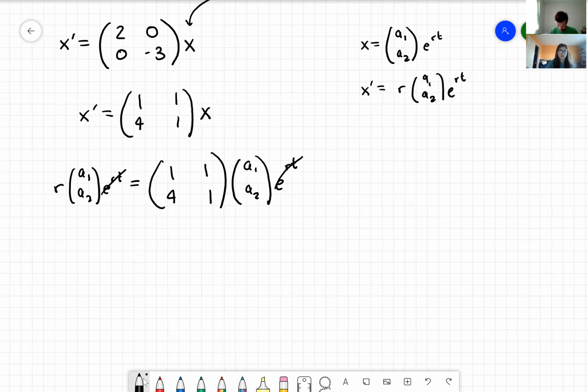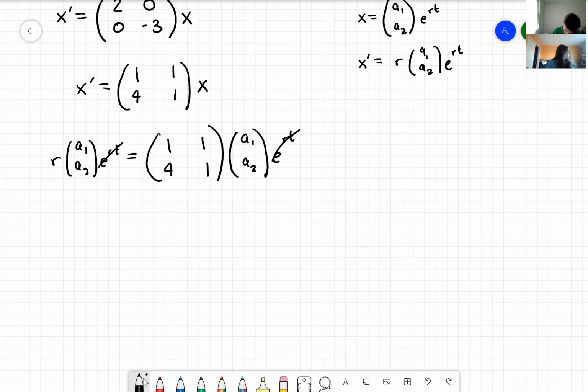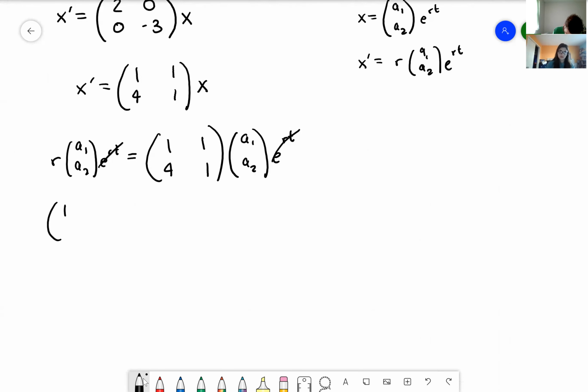And what we end up with is this interesting kind of matrix vector equation. So 1, 1, 4, 1 times our vector a1, a2 equals r times our vector a1, a2.